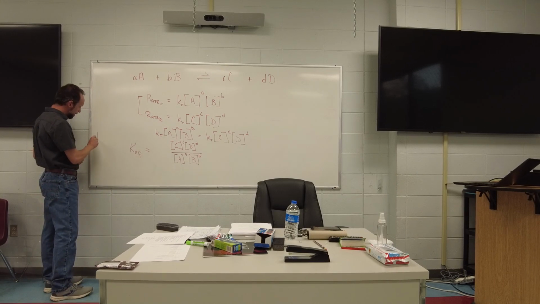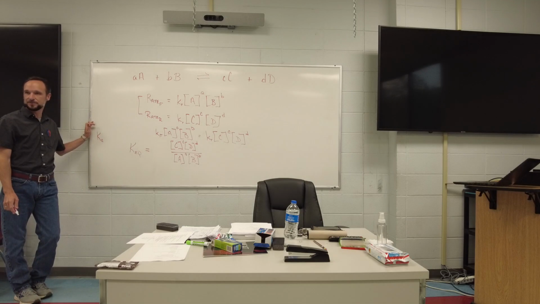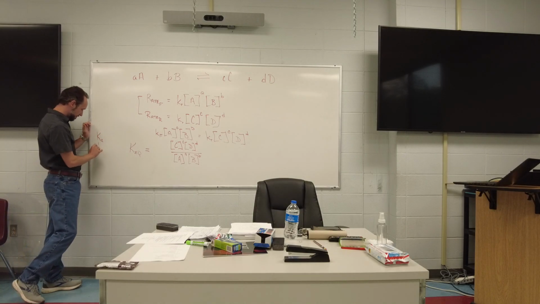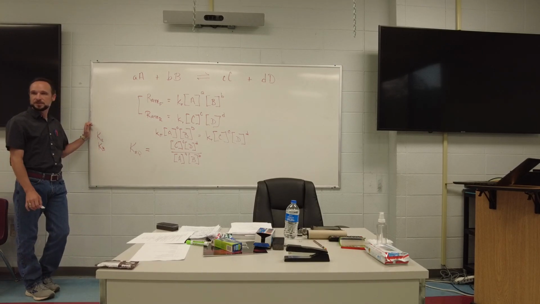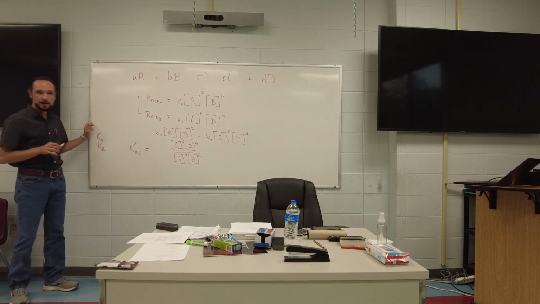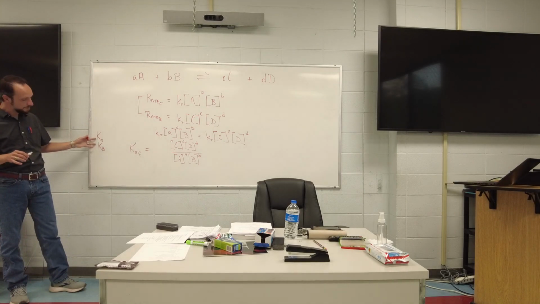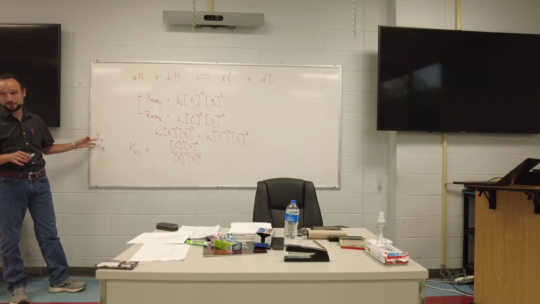That could be Ka, which is the dissociation constant for an acid, or Kb, which is the dissociation constant for the base. So here's a thought, are those likely to be mathematically related to one another? Yeah, because where you find acids, you typically find bases.